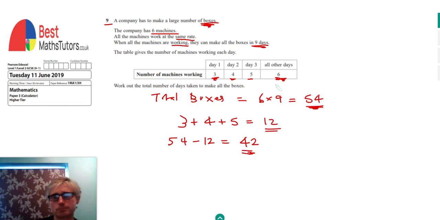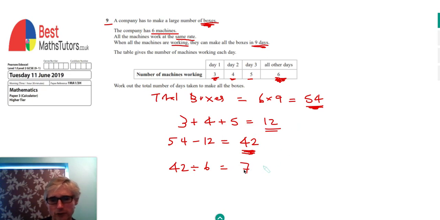But now we've got 6 machines working. So if we divide that 42 by 6, then that will tell us how many more days we will need to complete the remaining 42 boxes. 42 divided by 6 is 7.